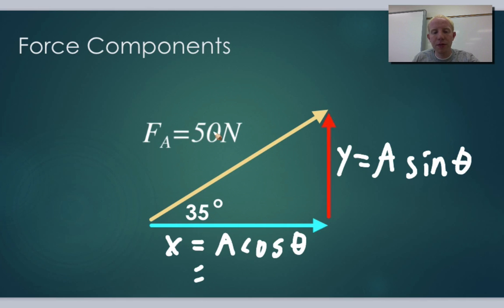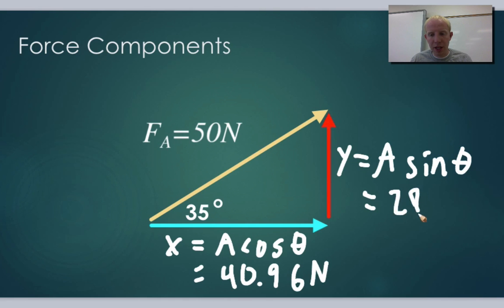So if we take 50 newtons times cosine of 35, that will give us that this component is 40.96 newtons, almost 41 newtons, and then 50 times sine of 35 should give you 28.68 newtons.